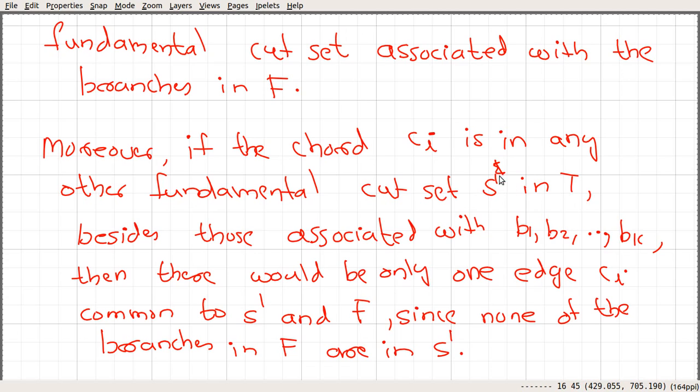So here we have another cut set S dash of T, and F has only this Ci in common with it. Since there must be an even number of edges common in a circuit and a cut set, and here there is only one common edge Ci in both S dash and F, this particular thing is not possible.